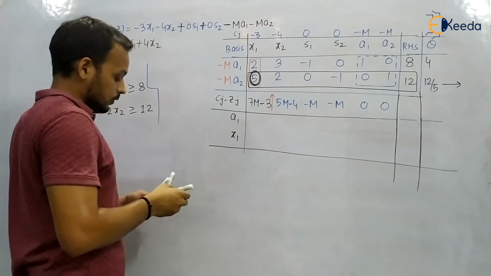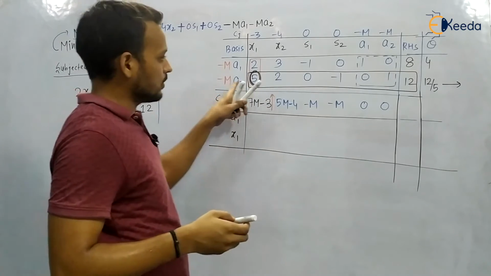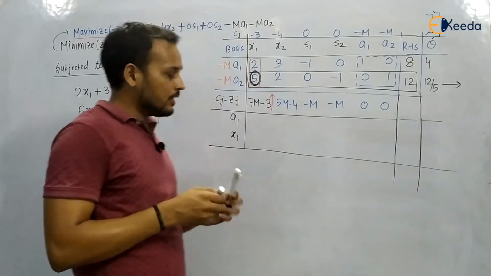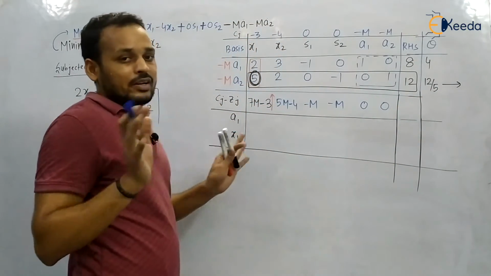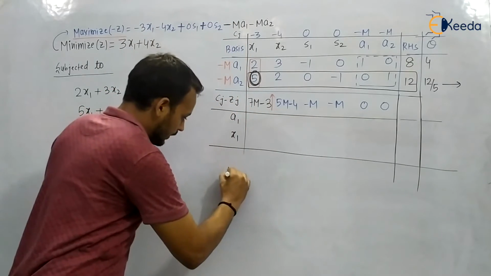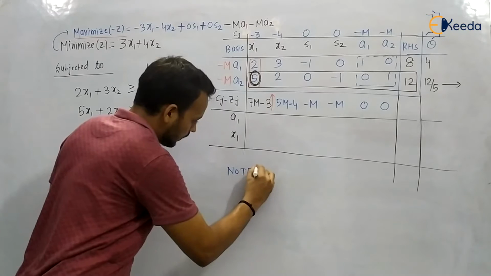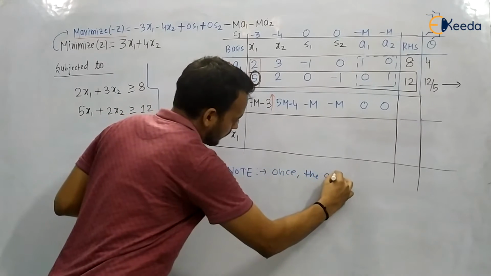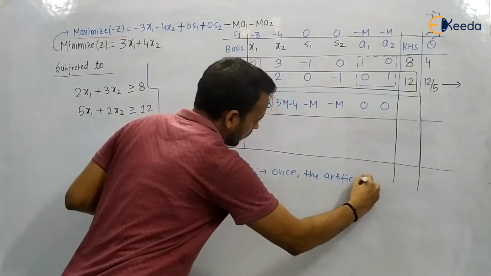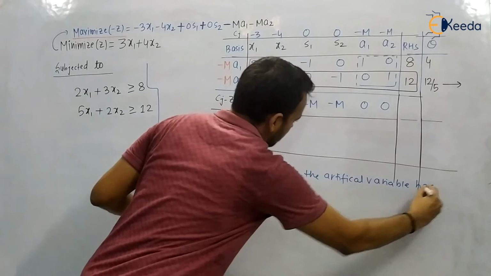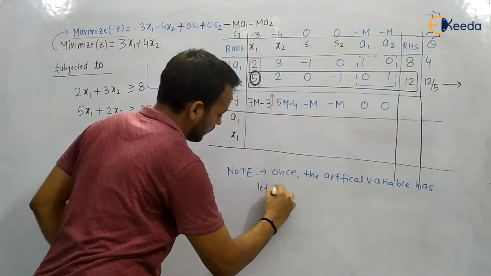Now once the artificial variable has left the table, or left the basis, it is not going to come back into the basis. So you can write it, it is one of the objective questions.